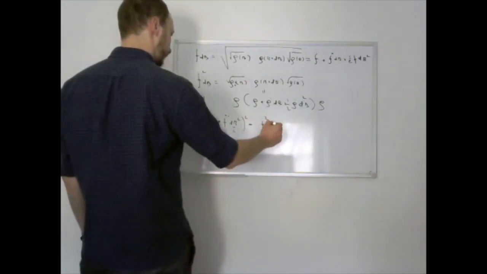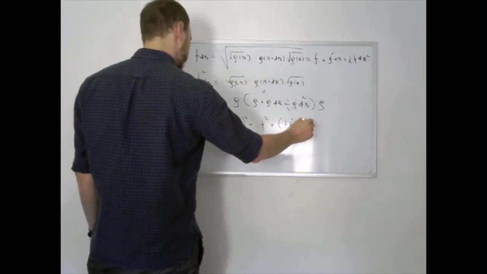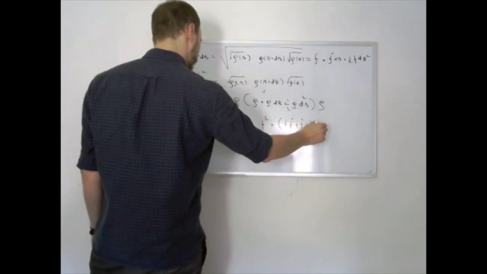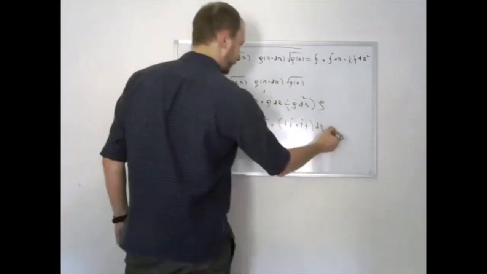In the next order we get f dot f, db, this is the first order. So you just pick up the product of this thing.